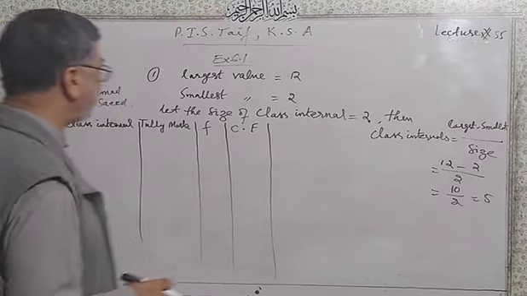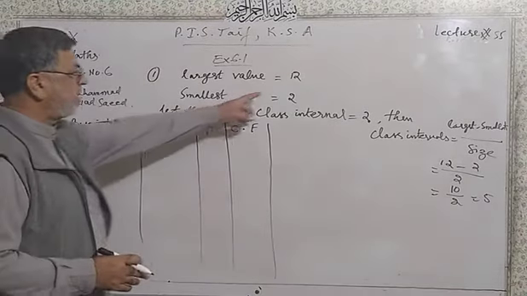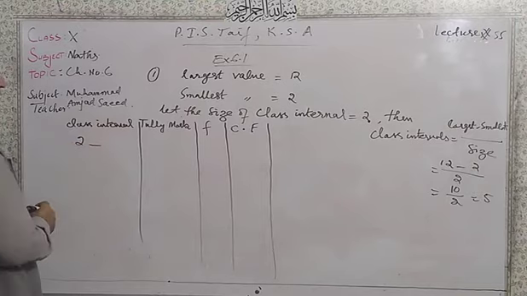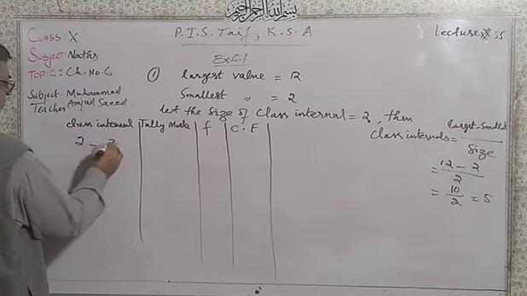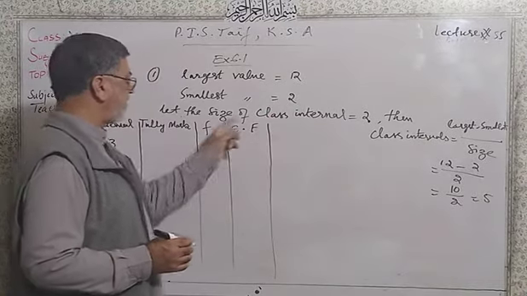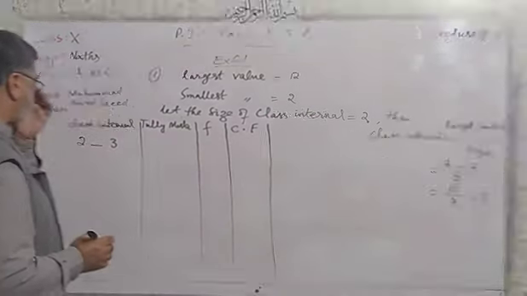Here we can start from the smallest value, that is 2 to 3. The size of the class interval or height of the class interval is 2.